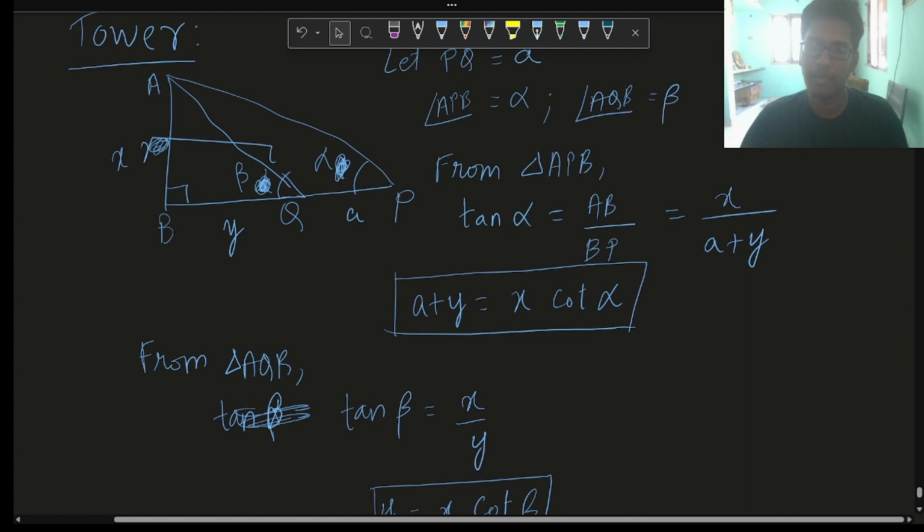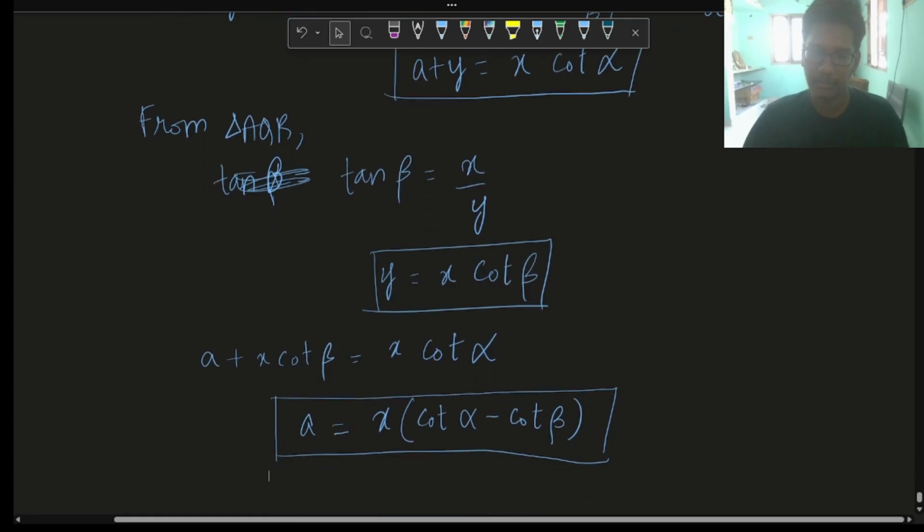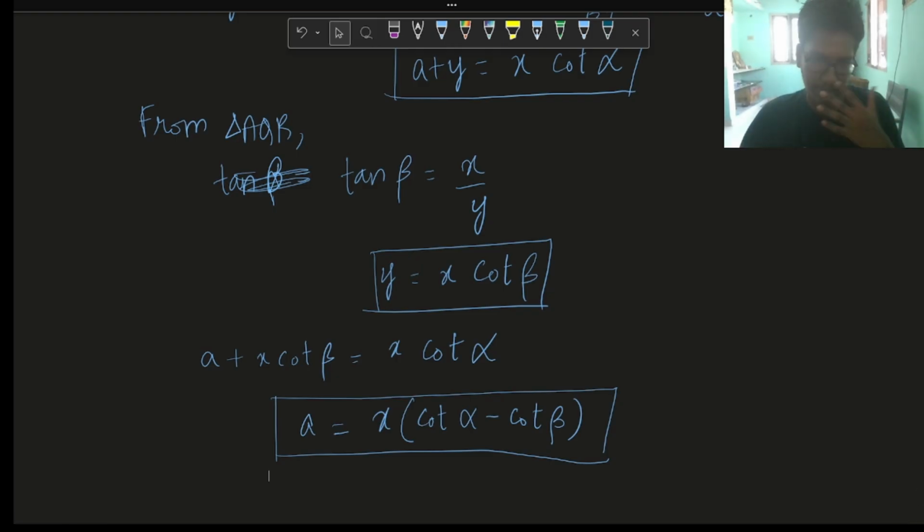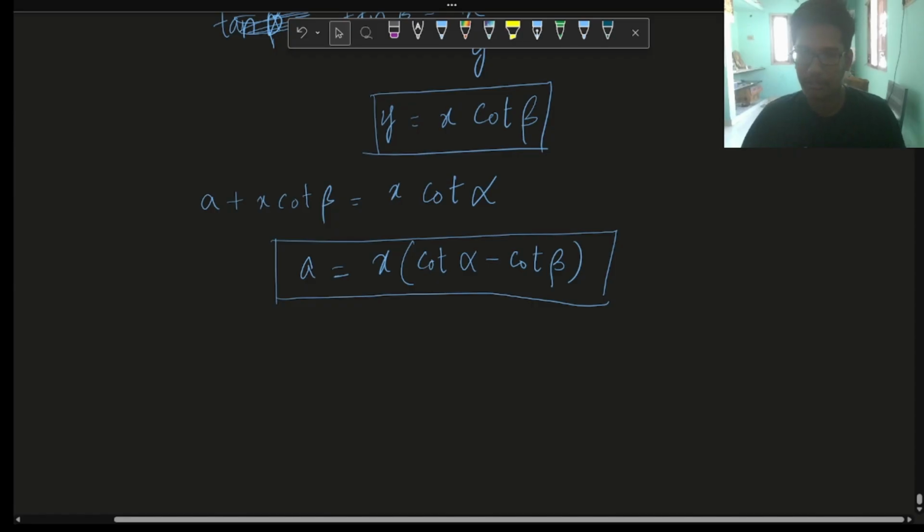The y plus a would be acting as the opposite side, and x would be acting as the adjacent side, and you would get the trigonometric ratios such that if you wanted to find a, you would get something like x of tan alpha minus tan beta. So this is how it behaves.